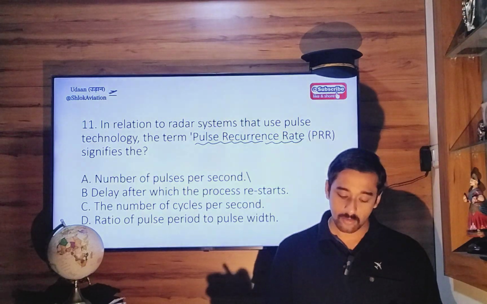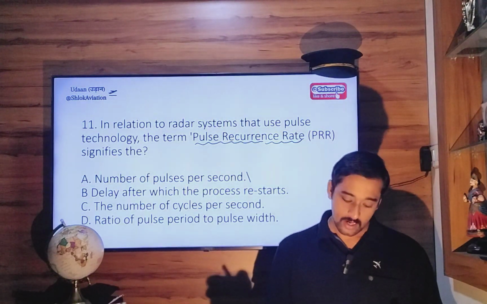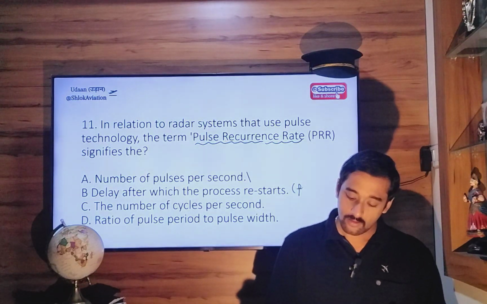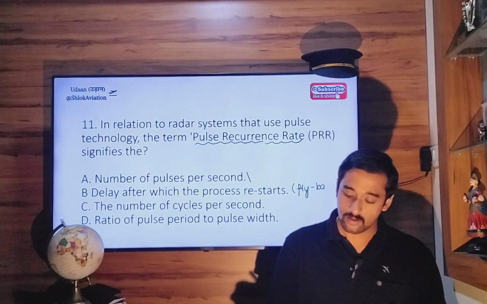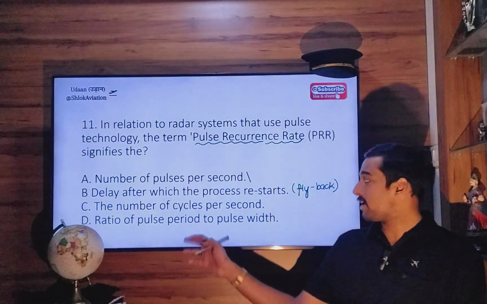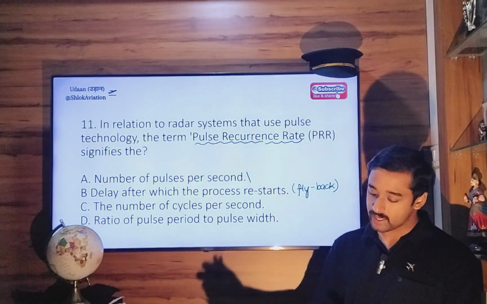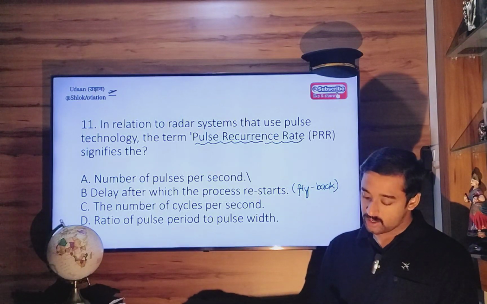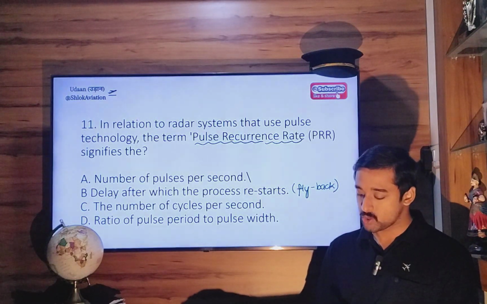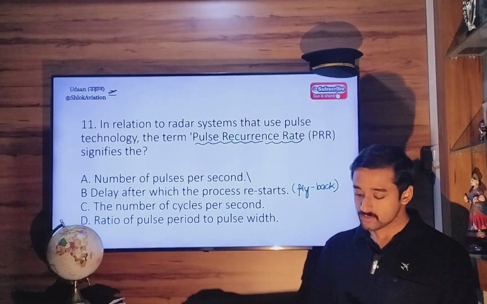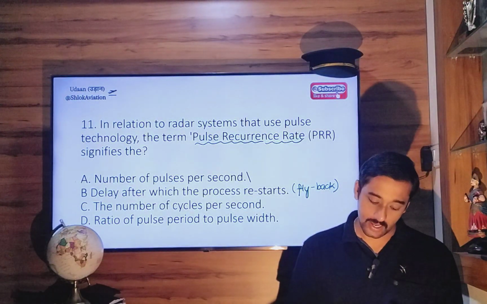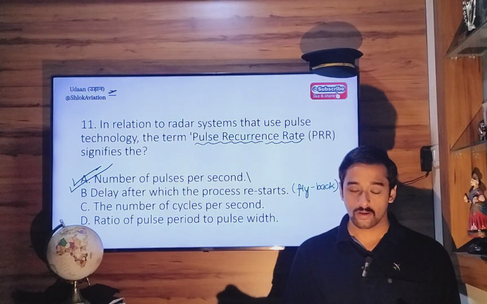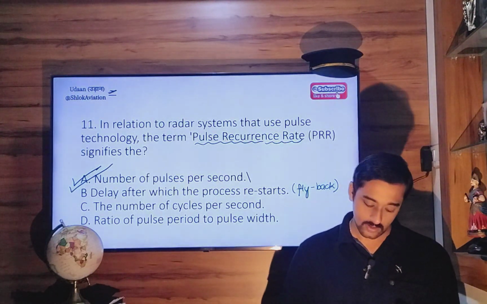The options: number of pulses per second; delay after which the process restarts, that is called flyback; the number of cycles per second; ratio of pulse period to pulse width. So the correct answer will be option A. The number of pulses that you are transmitting per second, that is the pulse recurrence rate.